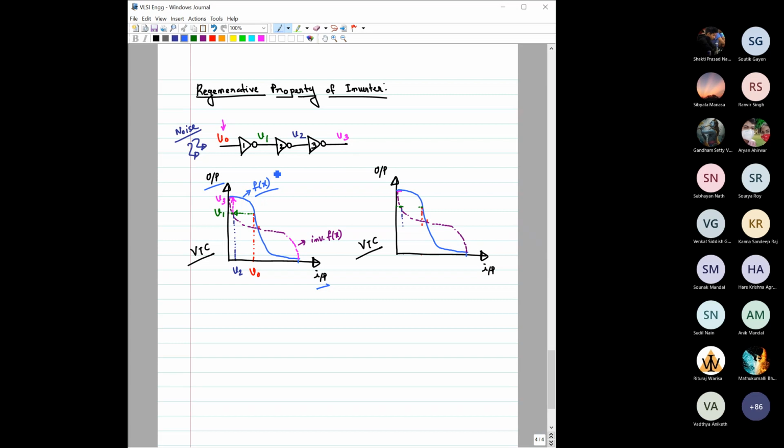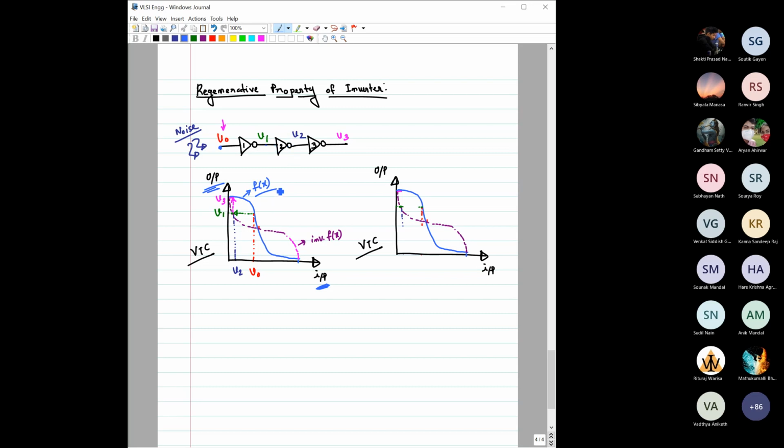But see, this is the input. For gate 1, I have written this is the input, this is the output, so I can draw it like this. But what about gate 2? The output of gate 1 is now connected to the input of gate 2.